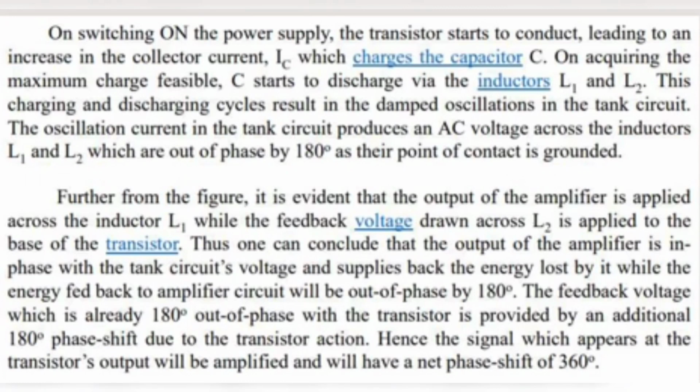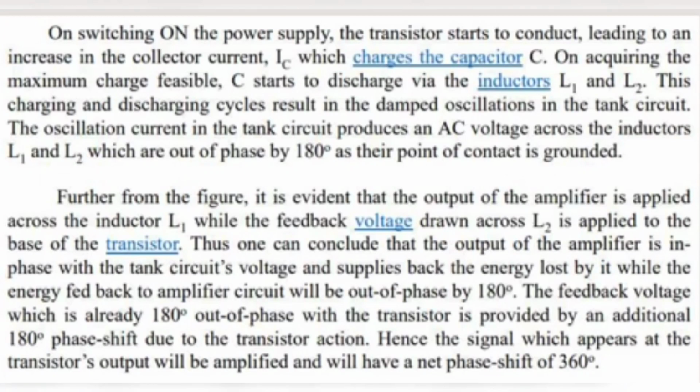Further, from the figure, it is evident that the output of the amplifier is applied across the inductor L1, while the feedback voltage drawn across L2 is applied to the base of the transistor. Thus, one can conclude that the output of the amplifier is in phase with the tank circuit's voltage and supplies back the energy lost by it, while the energy fed back to the amplifier circuit will be out of phase by 180 degrees.